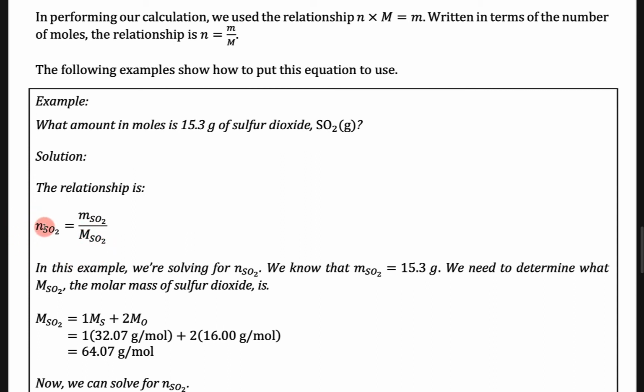There will be problems that we'll solve where we'll be dealing with different substances. In this problem, we're just dealing with sulfur dioxide, but in other problems, it will definitely be useful to have subscripts to just keep track of what number of moles we're talking about here, whether it's the number of moles of sulfur dioxide or some other substance.